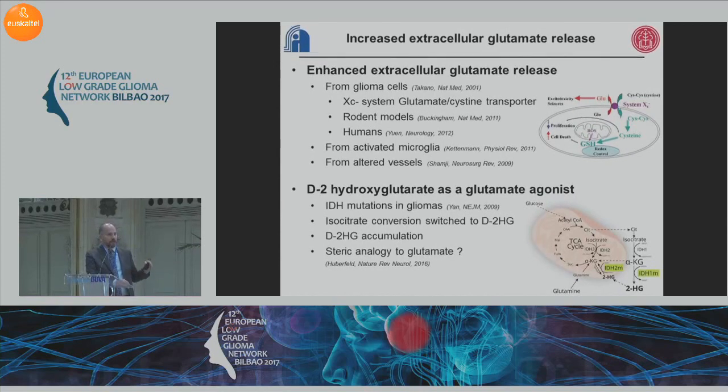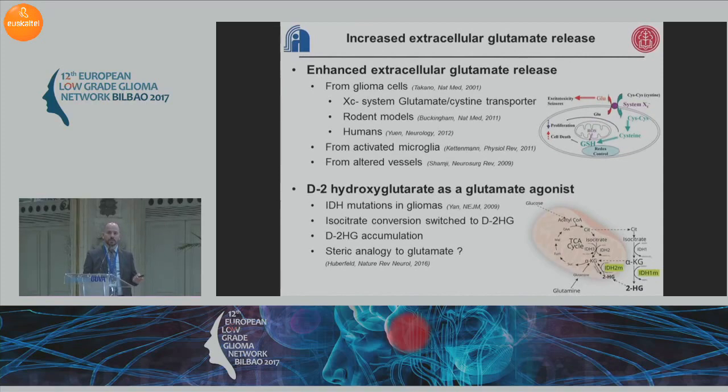It is released by glioma cells, by activated microglia, and from systemic blood vessels, from the systemic circulation. In addition, in IDH-mutated gliomas, we observe an accumulation of 2-hydroxyglutarate within glioma cells that may act as a steric analog to glutamate.